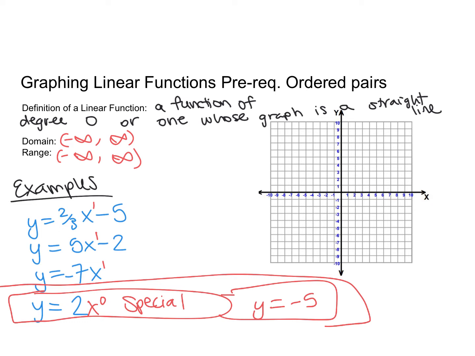And the reason why that typically happens is because if you think about what that graph would look like, so I'm just going to sketch what a linear function would look like. It's going to go all the way to the left, it's going to go all the way to the right, it's going to go all the way down, it's going to go all the way up. And so typically our domain will be the set of all real numbers. But for our class, we use interval notation. So that would be the negative infinity to the positive infinity. And the good thing is we already started to talk about domain and range. So that's definitely going to help us.